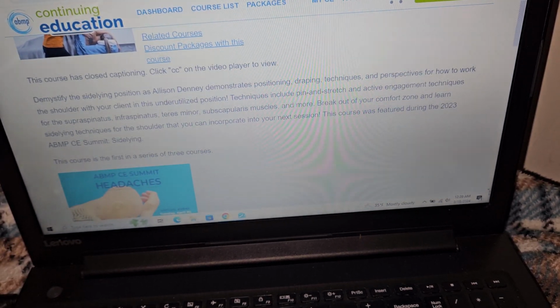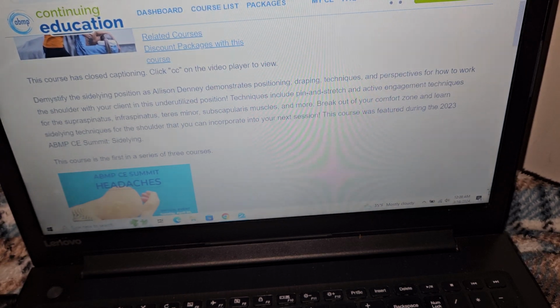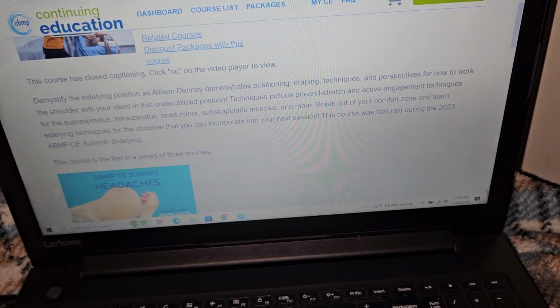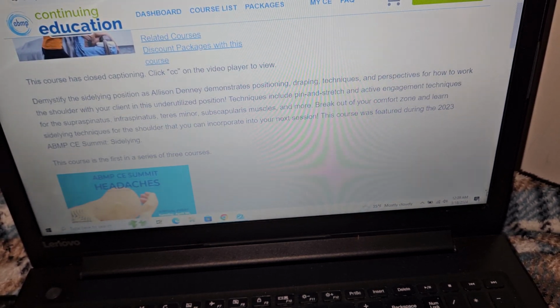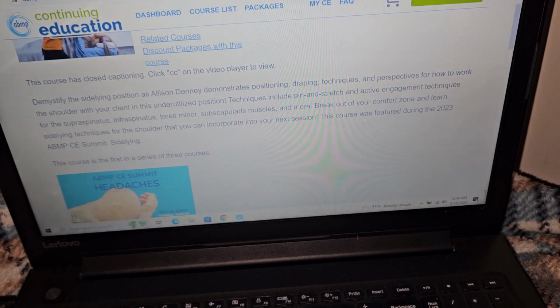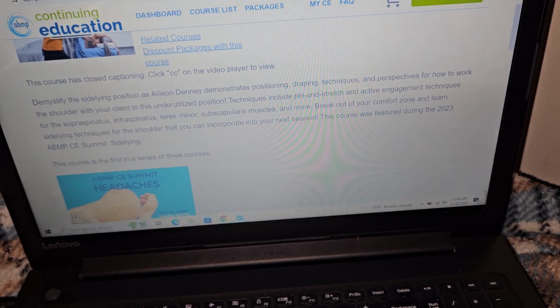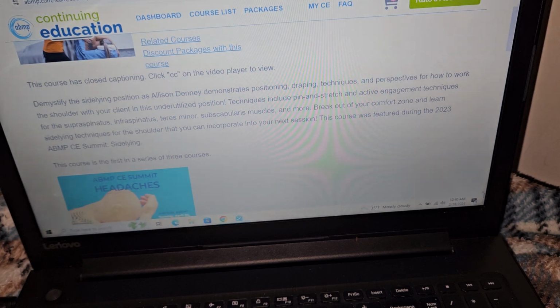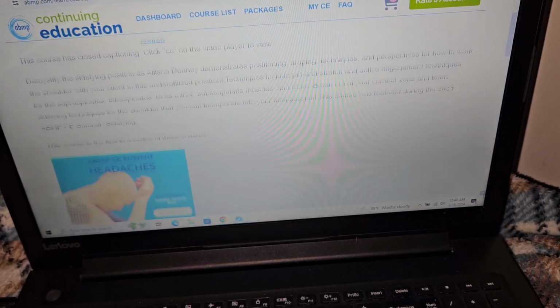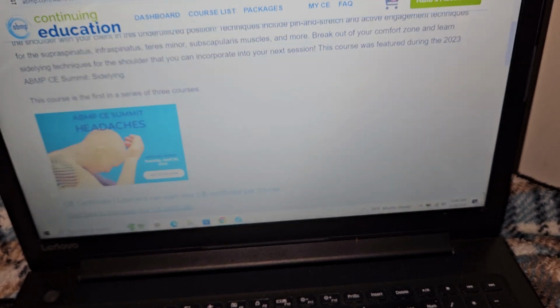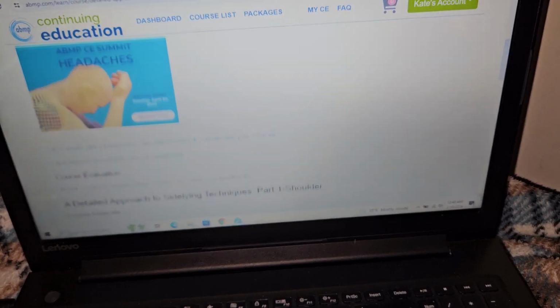Techniques include pin and stretch, active engagement techniques for the supraspinatus, infraspinatus, teres minor, subscapularis muscles, and more. Break out of your comfort zone and learn sidelying techniques for the shoulder that you can incorporate into the next session. This course was featured during the 2023 APMP CE Summit.